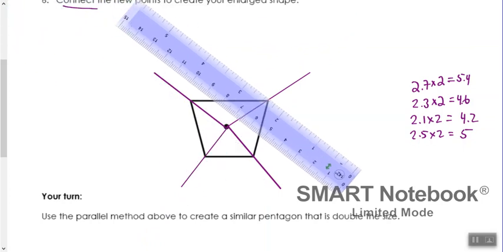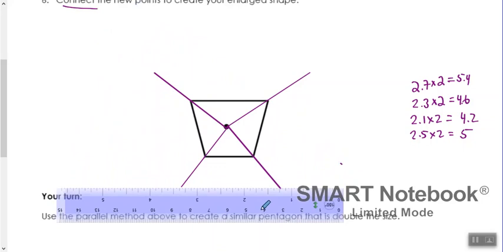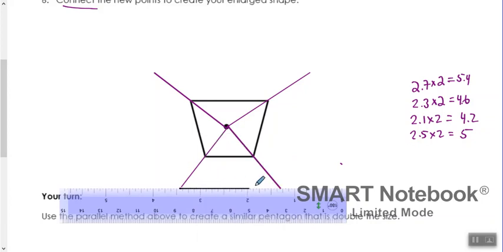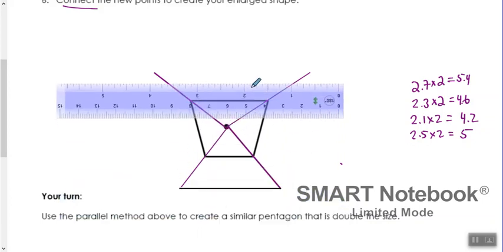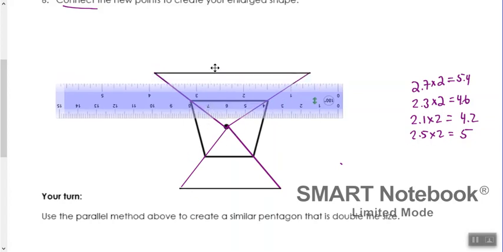Here we go. Did not have that lined up. Very good. There we go.